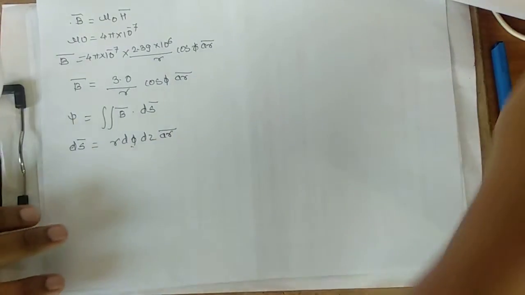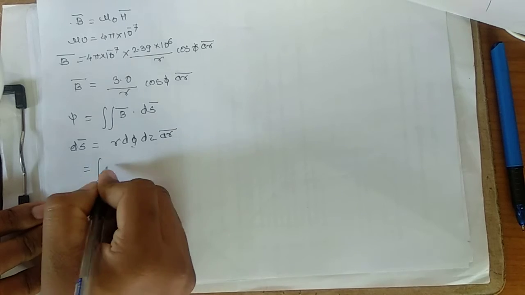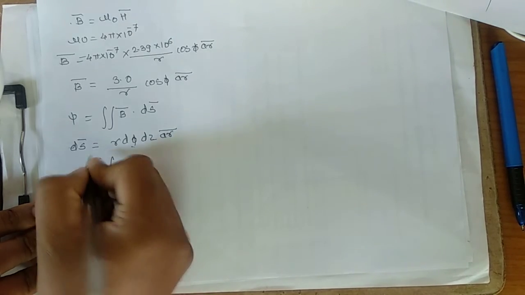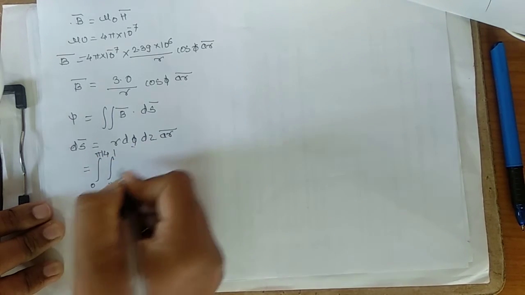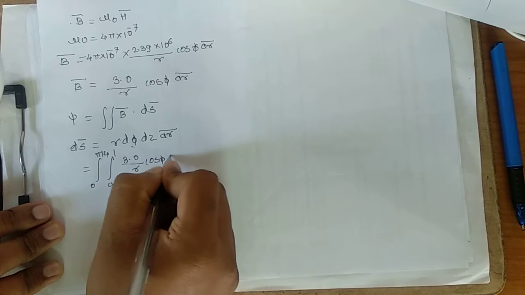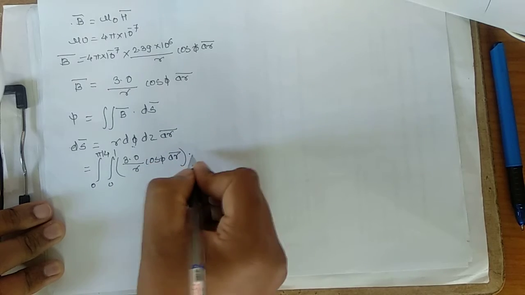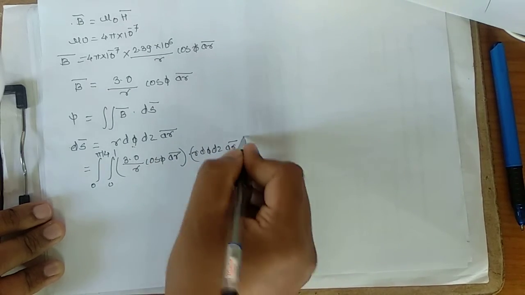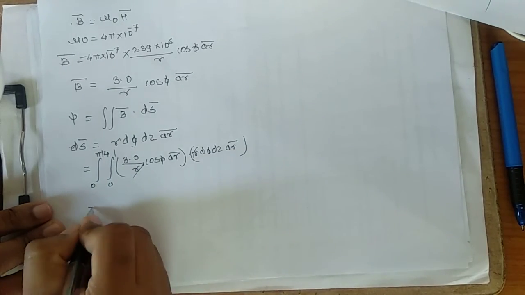So we have ds bar and B bar, and we directly write the integral and we know the limits. What are the limits? For phi it is 0 to pi by 4, and for z it is 0 to 1. So B bar is 3.0 divided by R cos phi AR bar, dotted with R d phi dz AR bar. Removing R, AR bar dot AR bar will be 1.